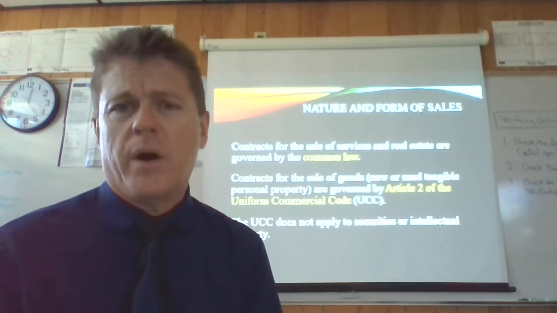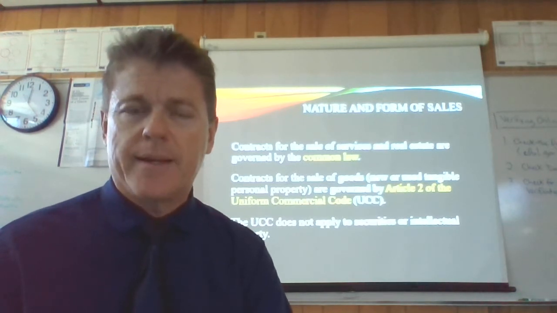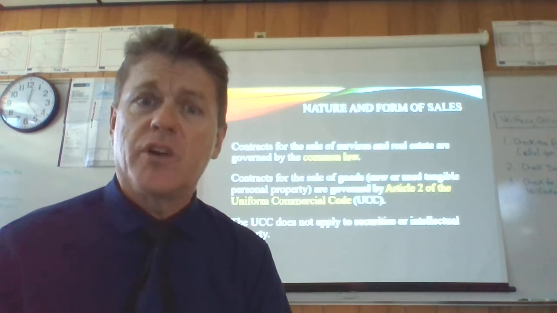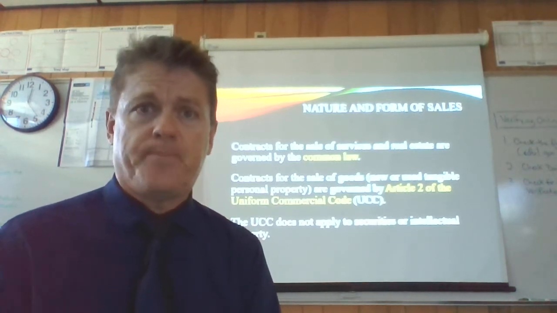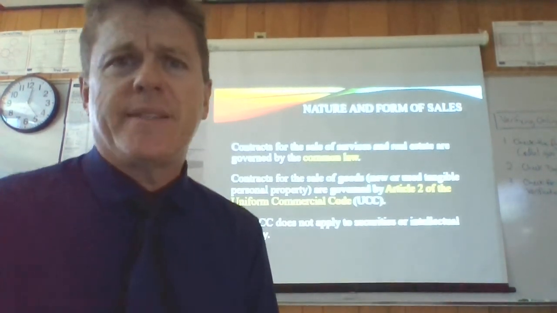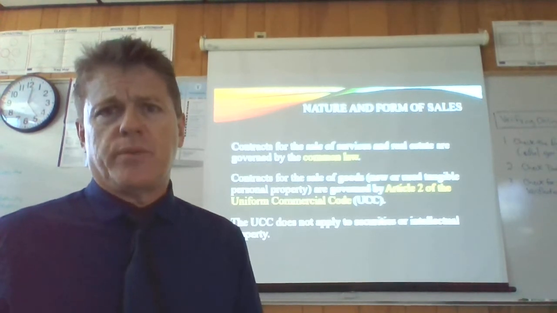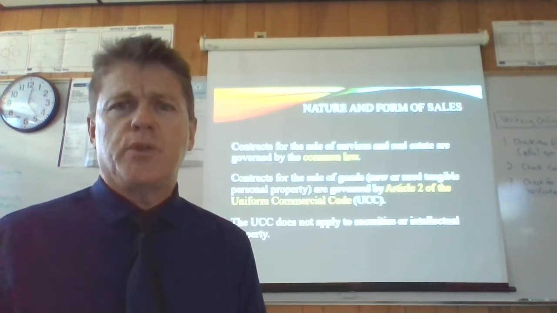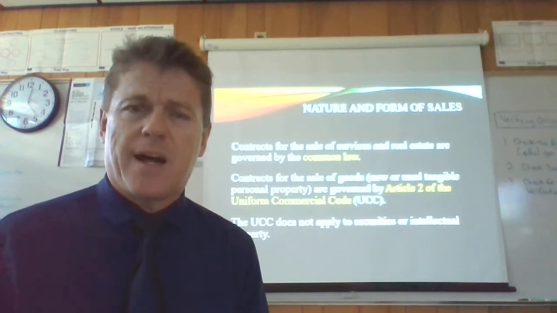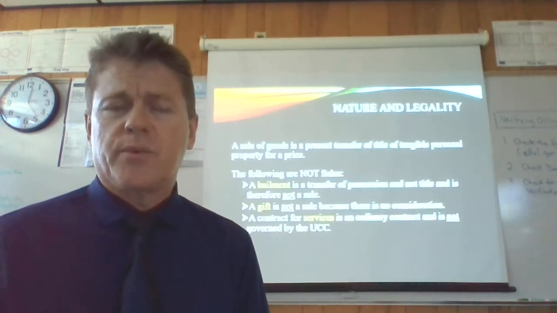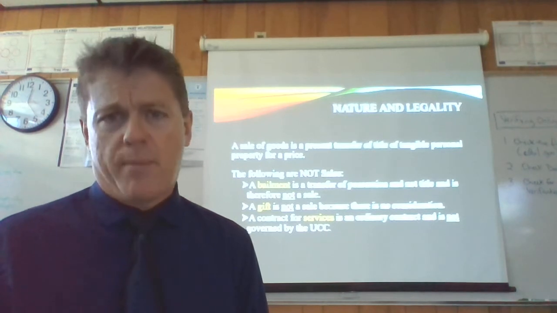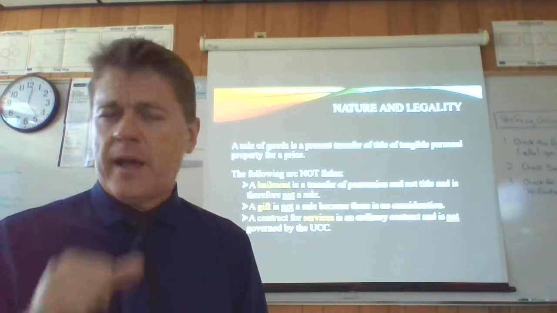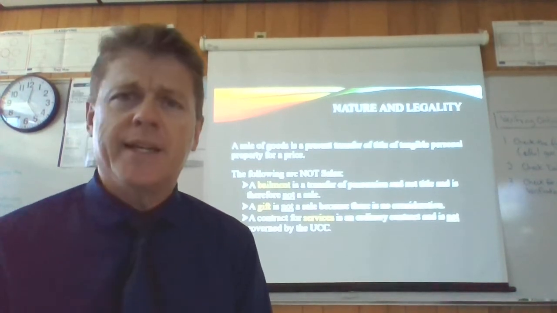But for Business Law 1, we predominantly focus on UCC Article 2, which is the sale of goods, or physical things. The UCC obviously doesn't apply to services or real property, as I mentioned. It also does not apply to securities, like stocks and bonds, and it does not apply to intellectual property. So again, I'm just trying to help you understand the scope of what we're looking at in this chapter.